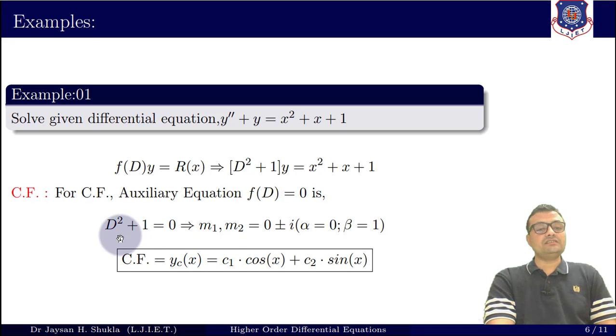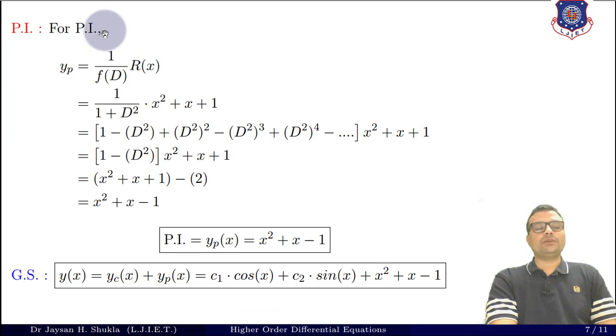It turns out to be D square plus 1 equal to 0, and that gives m1, m2 as 0 plus or minus i. So the value of alpha is 0, and the value of beta is 1. Then you can take the case of complex non-repeated roots, which gives you e raised to alpha x, which is 1, into c1 times cos beta x plus c2 times sin beta x, with beta equal to 1. So this is nothing but your complementary function.